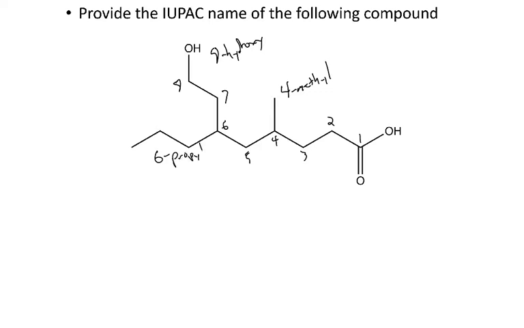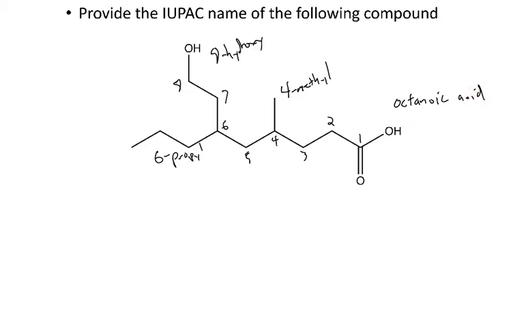And then with my carboxylic acid here, that's going to make the parent chain octanoic acid. And I know we haven't learned carboxylic acids yet, so I'm not going to make you responsible for knowing these suffixes yet for carboxylic acid, but if you have that table and you know what the suffix should be, you should be able to name this compound.